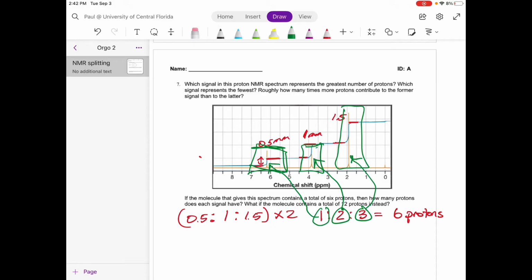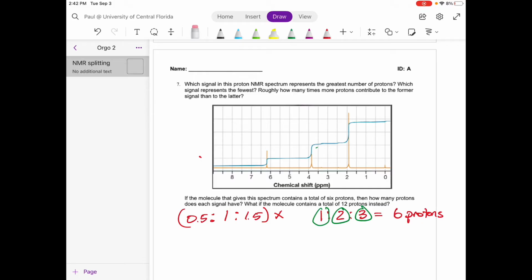But remember, those are all just ratios. We could also take that same ratio and multiply it by, let's say, 4. Okay?